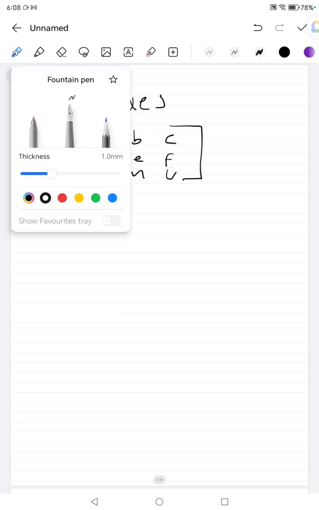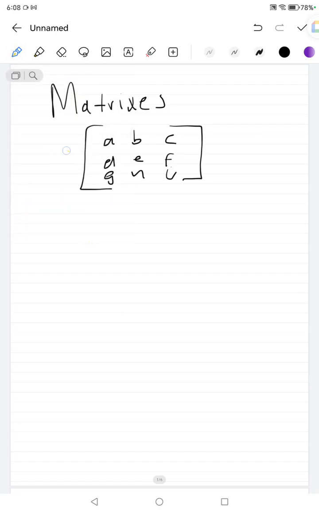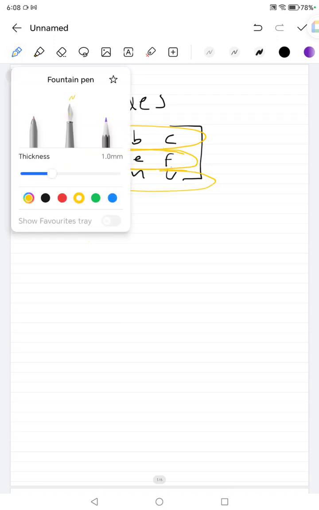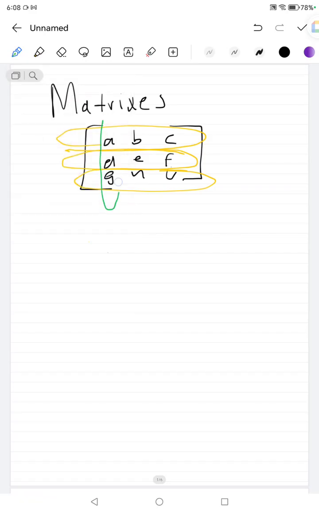So this would be what we call your rows. Then these ones are what we call the columns. So that's the first thing that you have to note about your matrices.